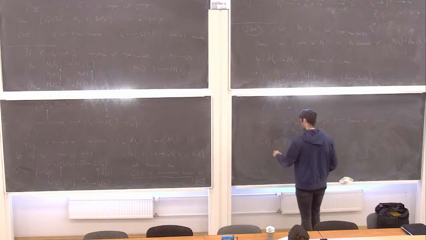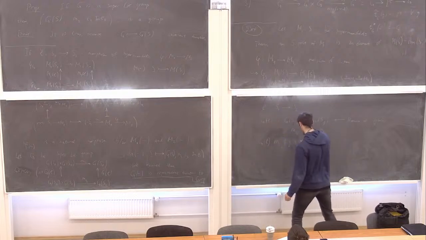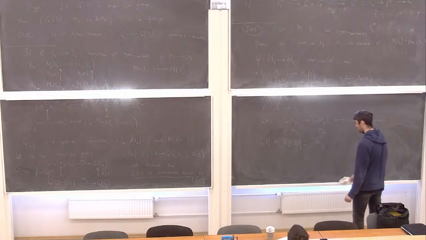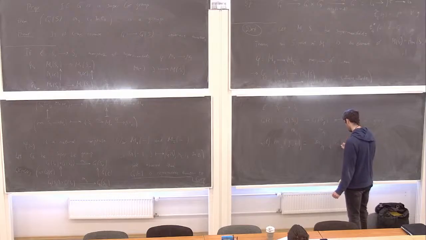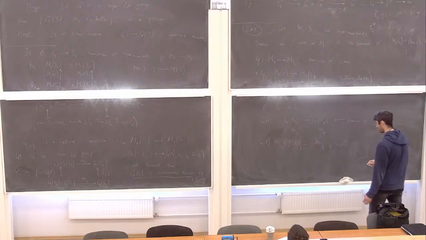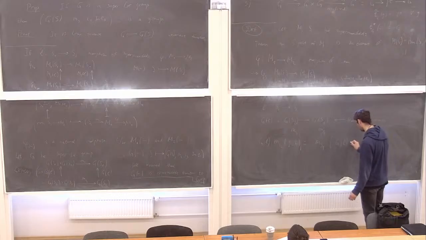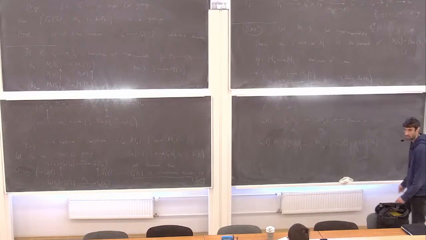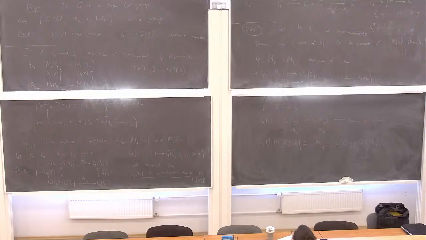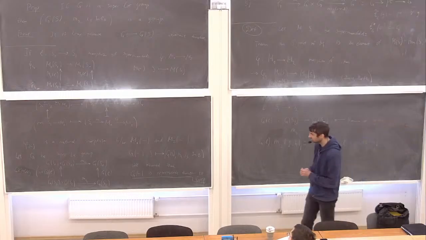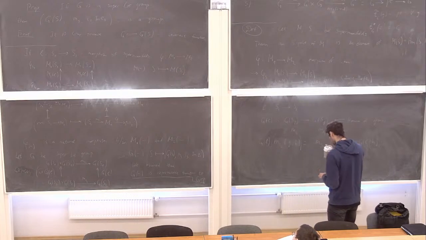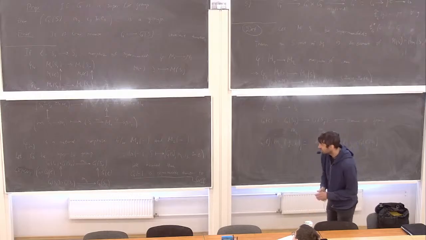This is the same as applying MS1, right, to G. First, I apply my homomorphism, G of L of G, G of L of H, right? And that's what is written there.